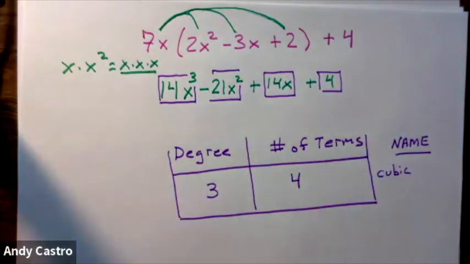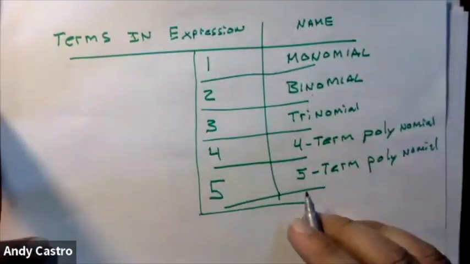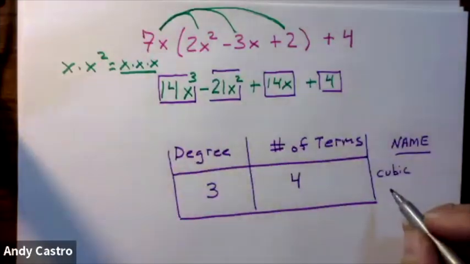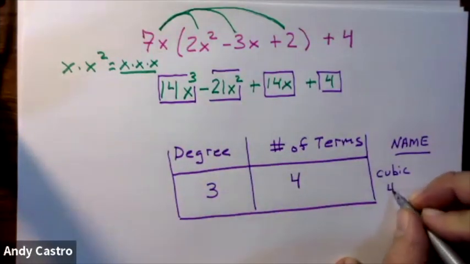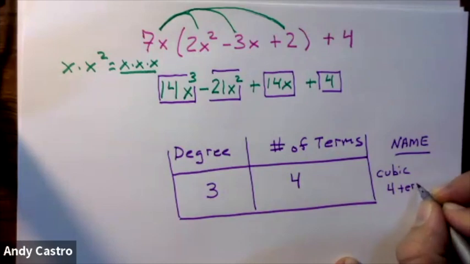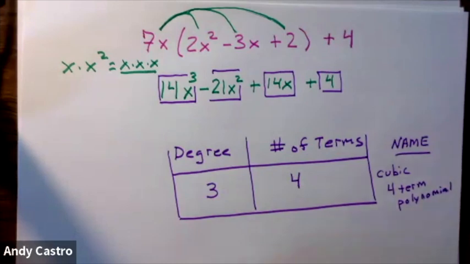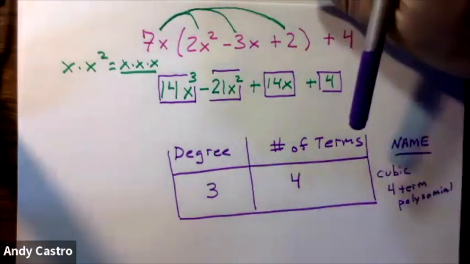All right, and I have 4 terms, so I use the phrase 4-term polynomial. So this is a cubic 4-term polynomial. Very good.